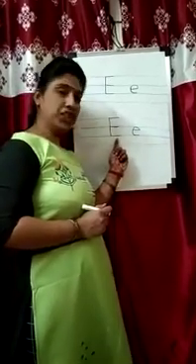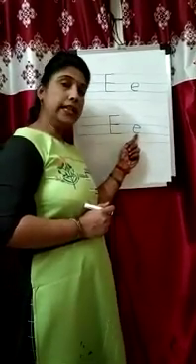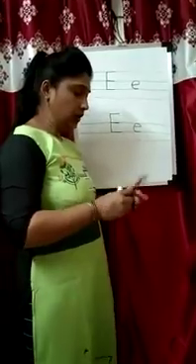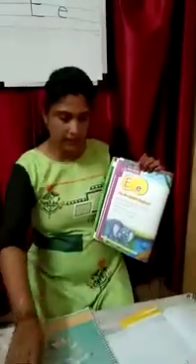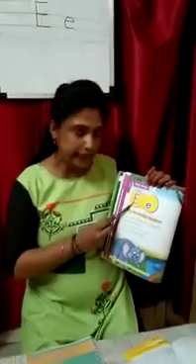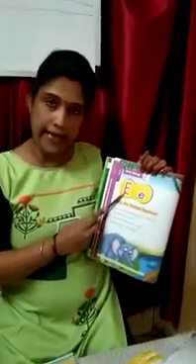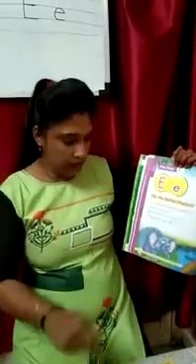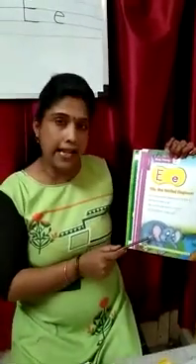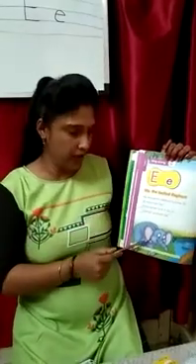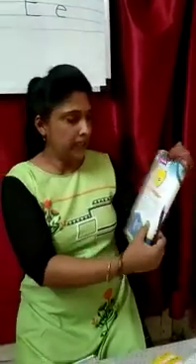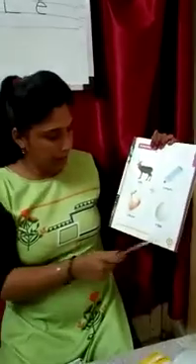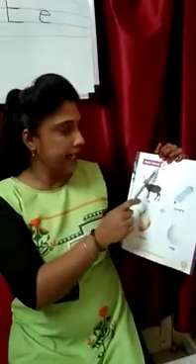E for engine and E for envelope. So let's read. Okay kids? This is E. E for engine and E for envelope. See kids, E for elephant. Next is page number 31. Read aloud.